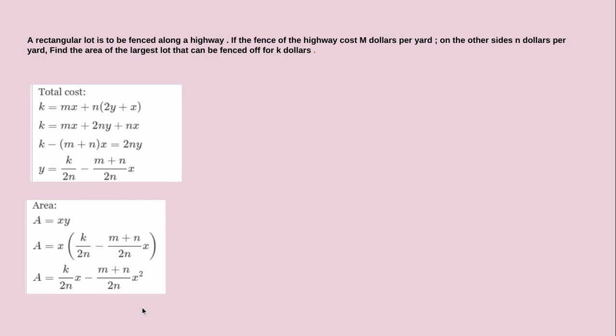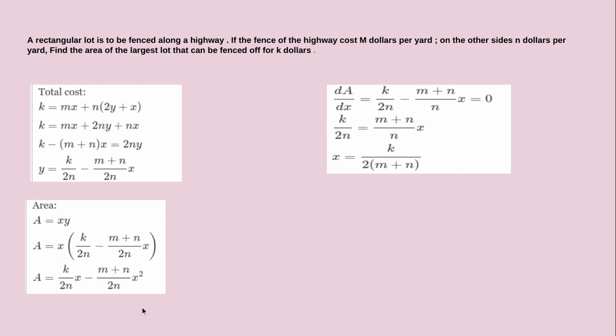We are going to solve this by finding the derivative of our area. So the derivative of our area with respect to x is equal to k all over 2n minus m plus n all over n x is equal to 0.